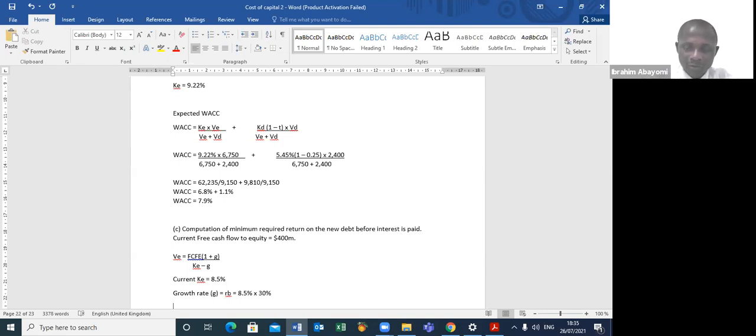So G is equal to 0.085 times 0.3, which is 0.0255, that's 2.55%.